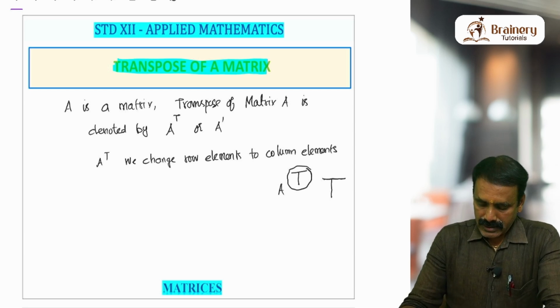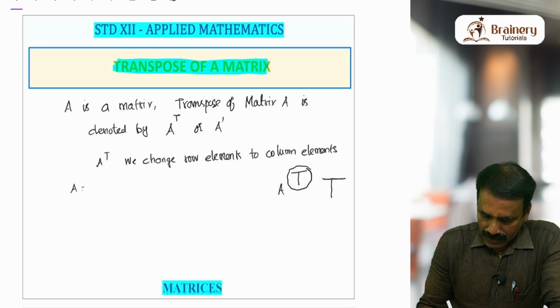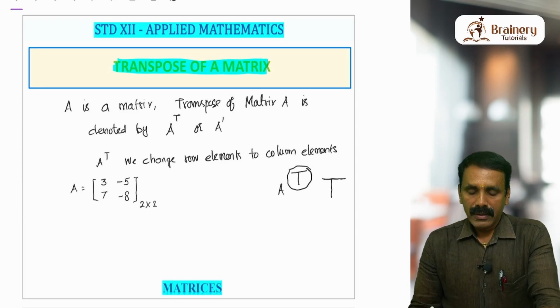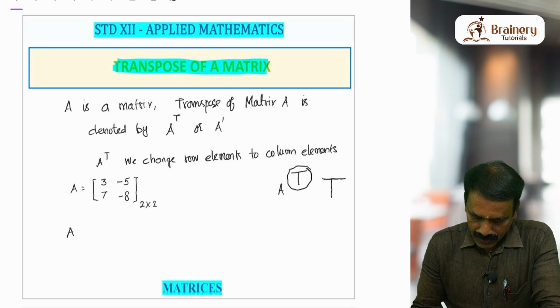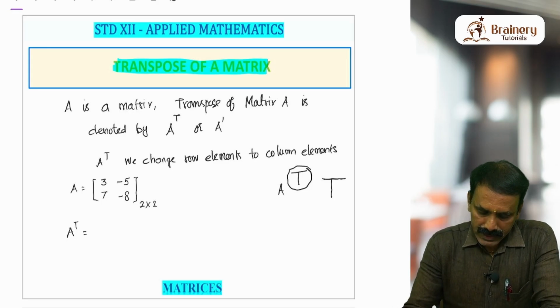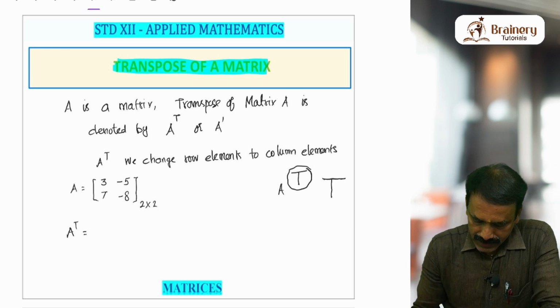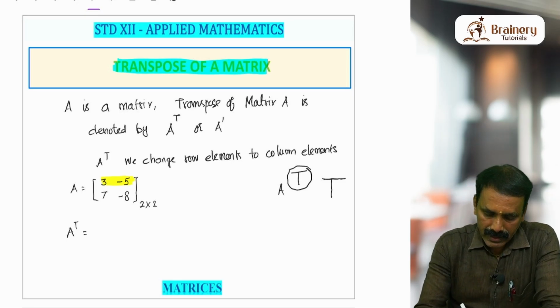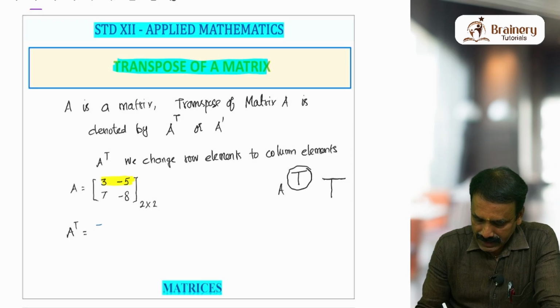Is it clear? Suppose A is a matrix of order 2 by 2 with elements 3, minus 5, 7, minus 8. It is a matrix of order 2 by 2, correct? Then what is A transpose? A transpose is nothing but changing rows into columns. We are going to write the row elements, 3 and minus 5, column wise.